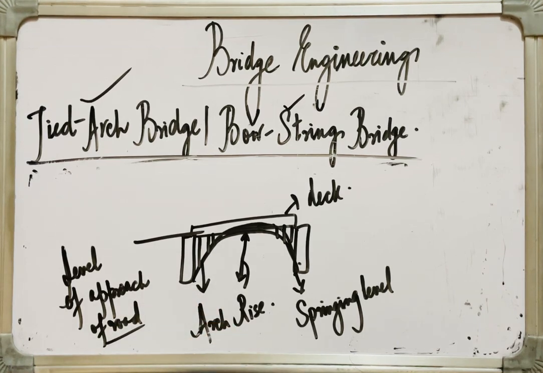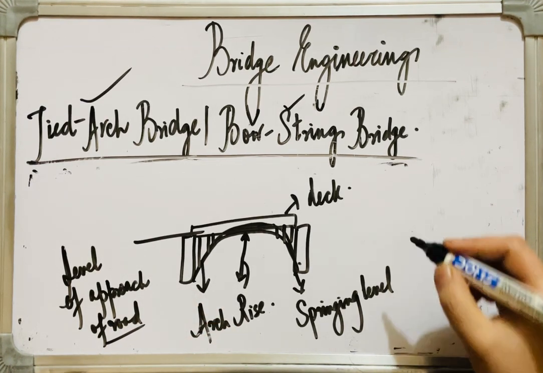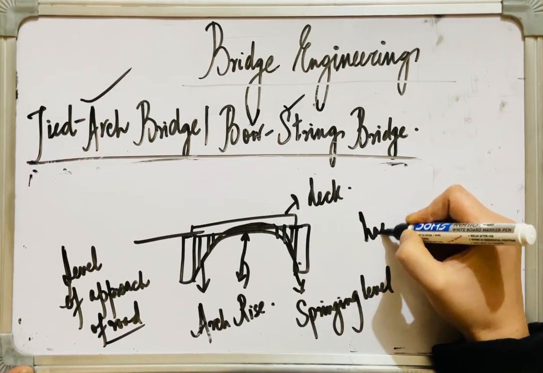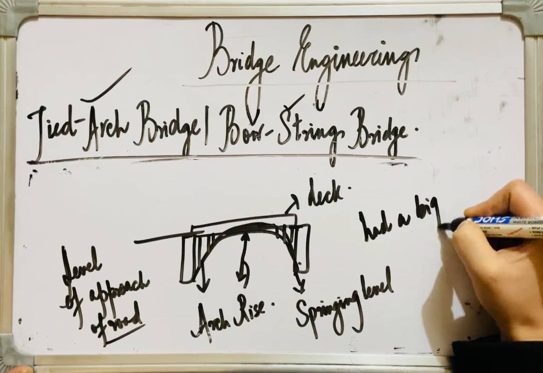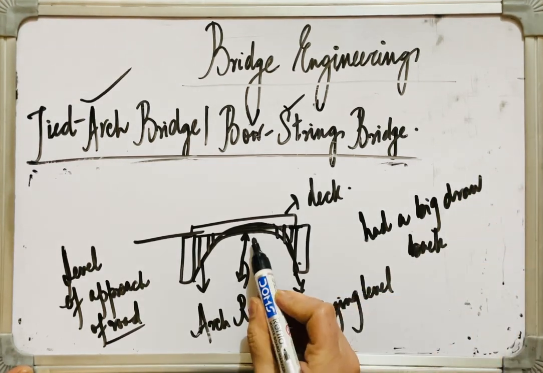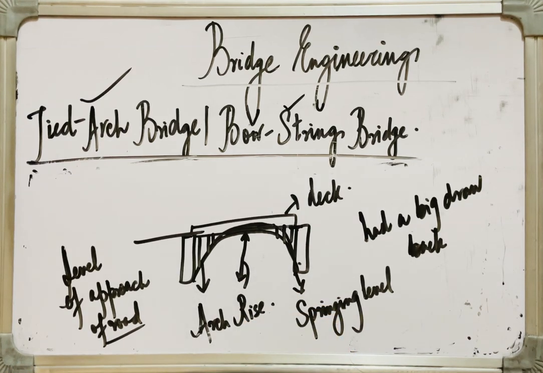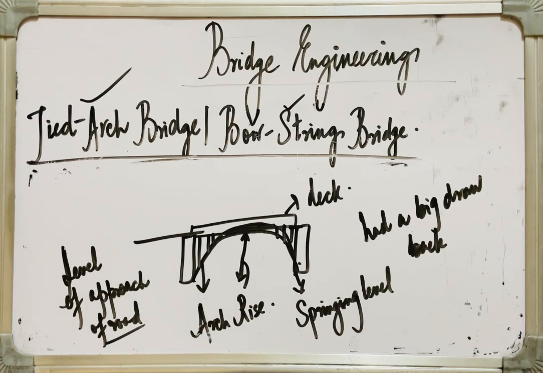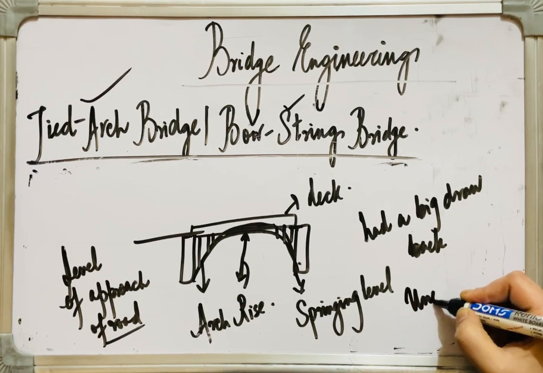So in all those cases where an arch bridge had a big drawback, that wherein there was a limited vertical clearance available and the arch had to be accommodated between the springing level and the formation level of road, they were quite uneconomical in those cases.